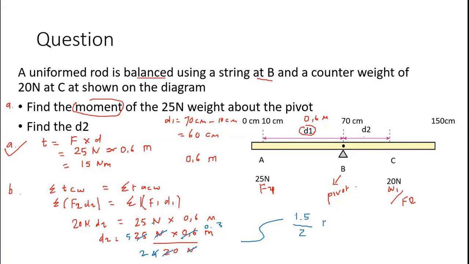And then the unit is meter. What is the answer? 0.75 meters. Okay, correct. If you want to change the unit into centimeters, what is the answer? 75 centimeters. Yes, 75 centimeters.